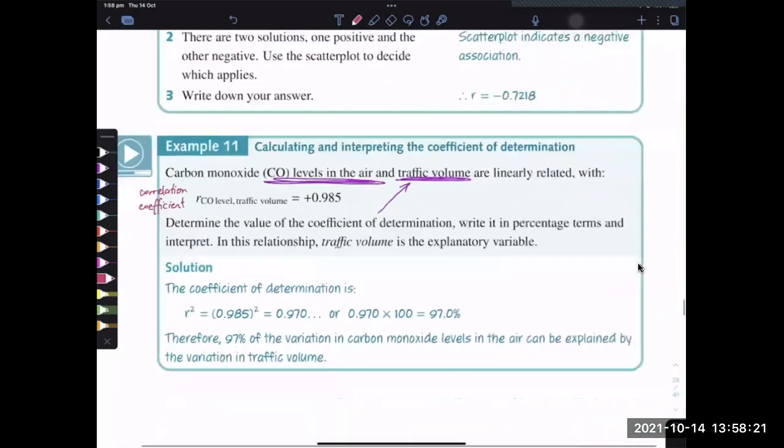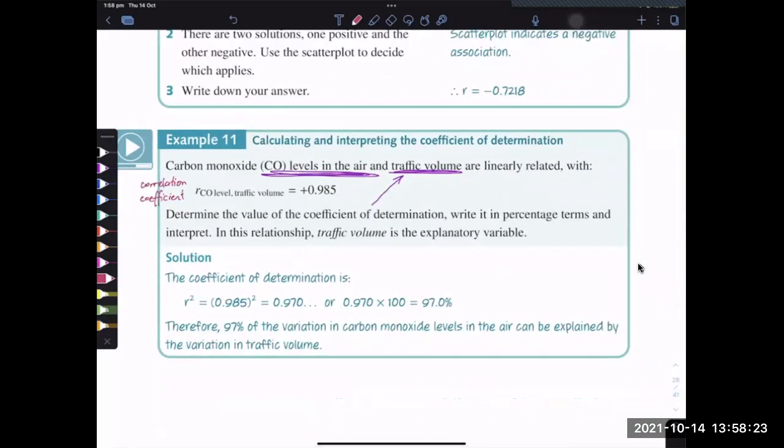Correlation coefficient, okay, because it's just the R value. We notice it's positive, but what happens when you square it? Because it's asking us to determine the value of the coefficient of determination.